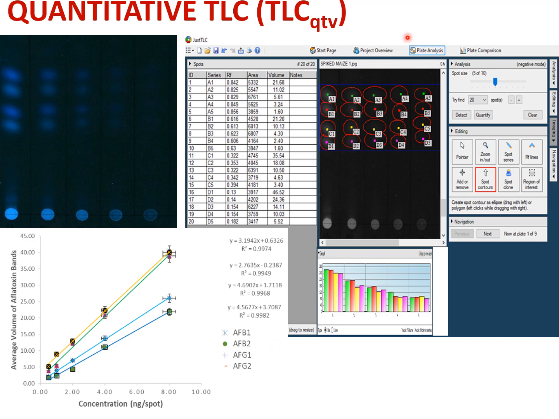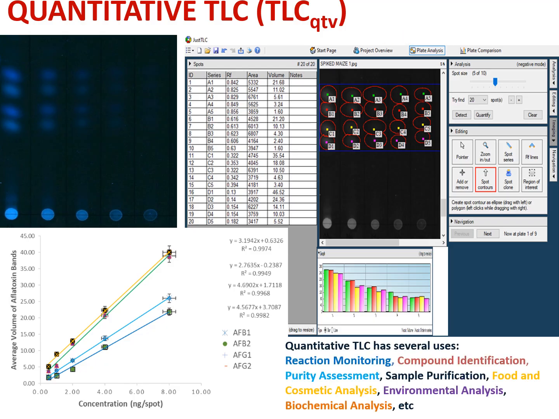This technique has several applications. For example, it is used in tracking the progress of chemical reactions by observing the differences of the reactants and appearance of the new products.